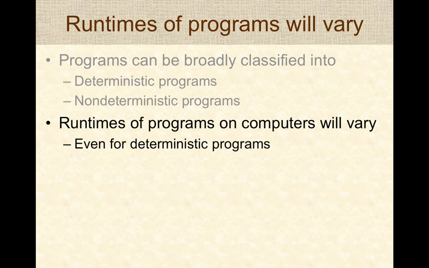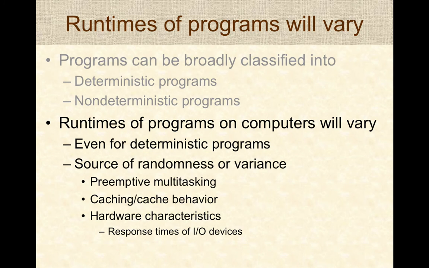Regardless of the type of program that's being run, runtimes on modern computers will vary a lot. This is because on a modern computer, there are many tasks or processes that are running, and the operating system does preemptive multitasking, and context switching can introduce randomness in the timings of programs.